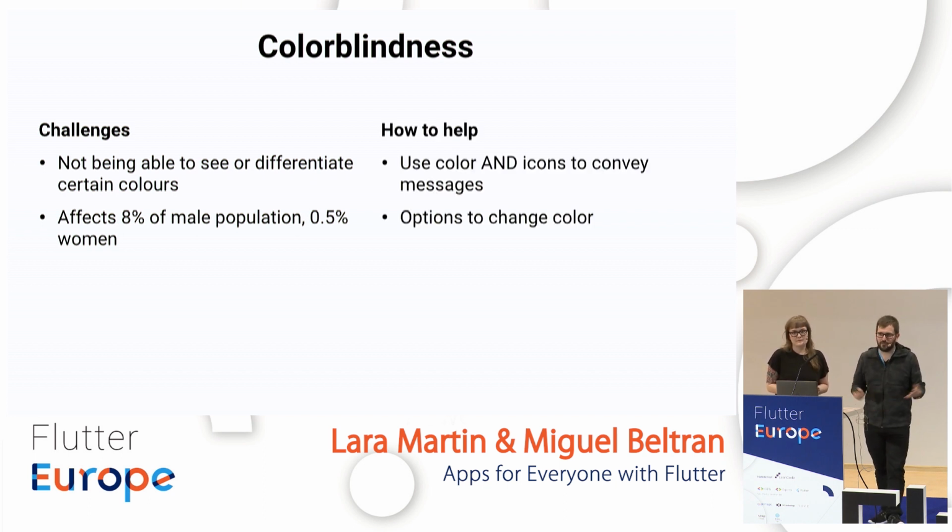So how can you help? Well, don't use just color, but instead add icons to explain messages and add text as well. Do not rely only on color to show an error or something like this. And if your only option is to use color, at least give the option to change them in your settings.